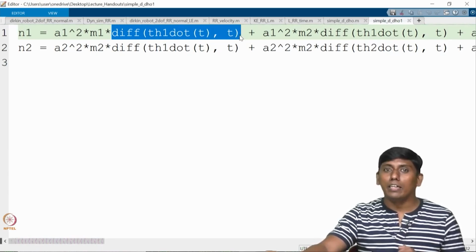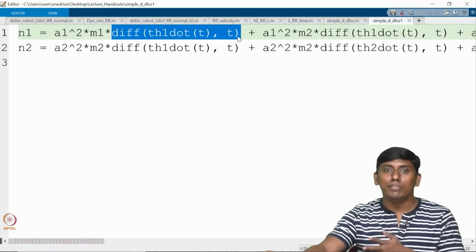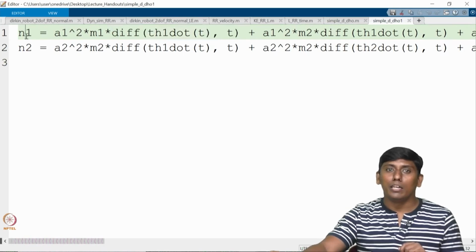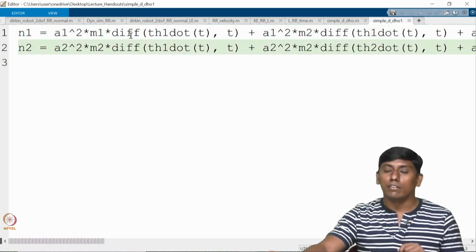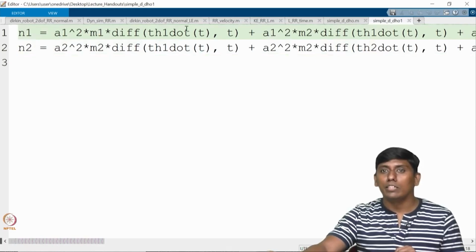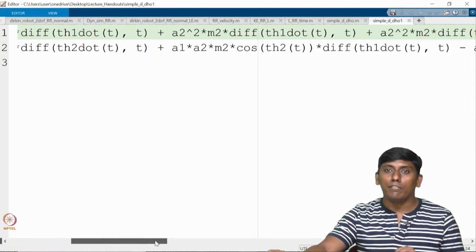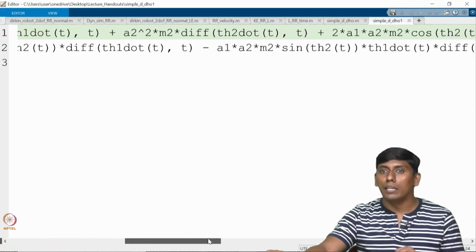Now probably you would have already realized what is the benefit of the Newton-Euler method. In the Newton-Euler method, we did not go back and forth, we did not create this number of files, right. So now you can see this n1 and n2, which we have written, is equivalent to that time derivative, having time differentiation of theta 1 dot, theta 2 dot, and everything is time dependent, right.